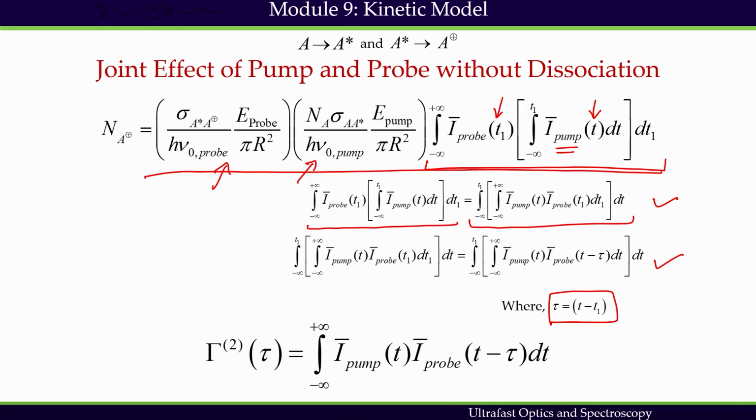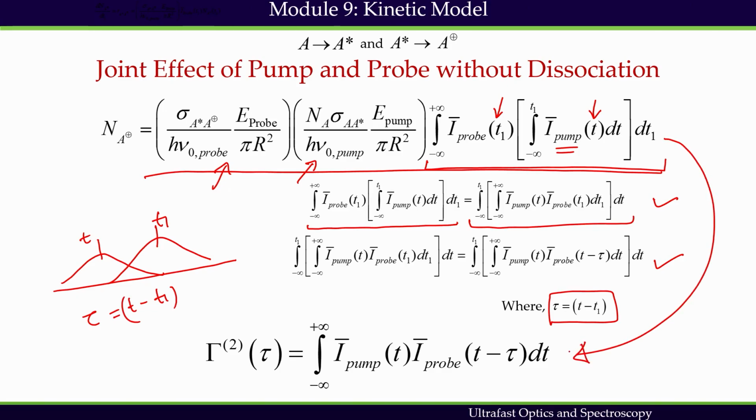So, finally, what we see is that I have two pulses, one of them variable t, another one variable t1. So, the difference delay between two pulses can be defined as tau equals t minus t1. And in terms of tau, the moment we express this expression, we get this.